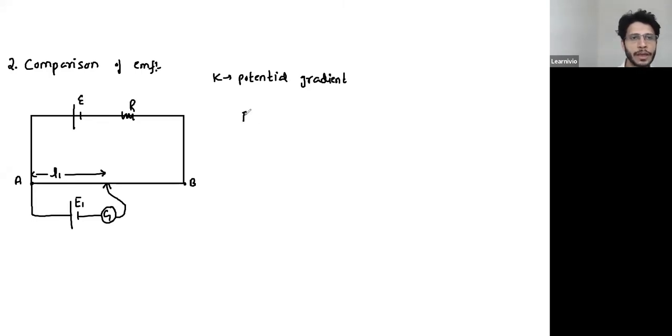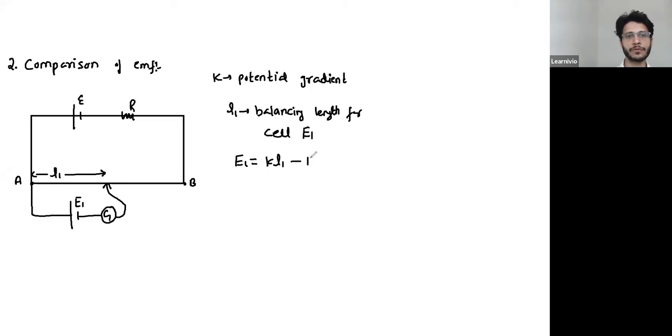We did this in the last class, in the measurement of EMF using a potentiometer. So for your cell E1, balancing length is L1, and you can write E1 as KL1. That's my first equation.